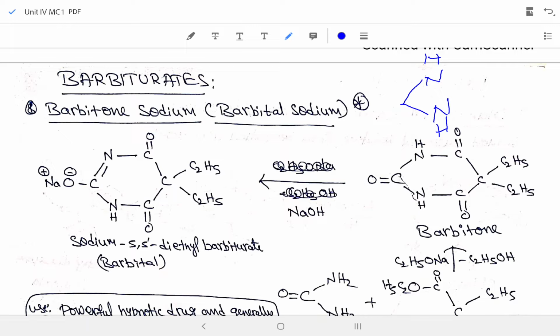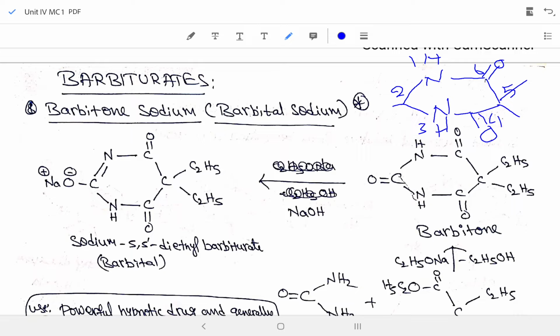But we are writing a cyclic structure, so I have removed one hydrogen, and put C double bond O here, and in the same manner here C double bond O. This is the basic structure of barbituric acid or barbiturate.